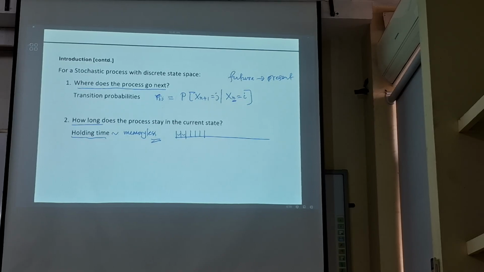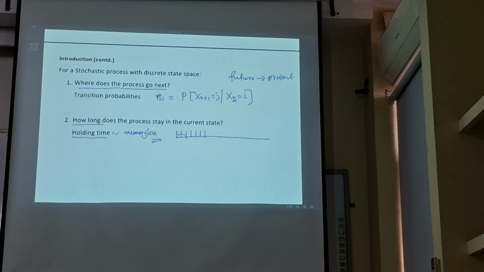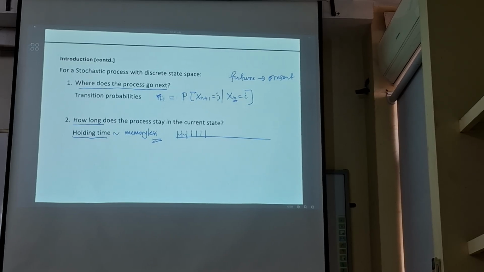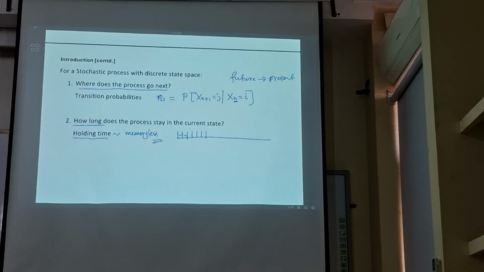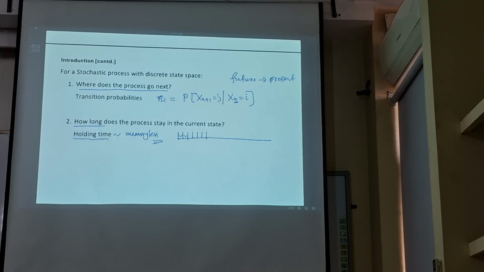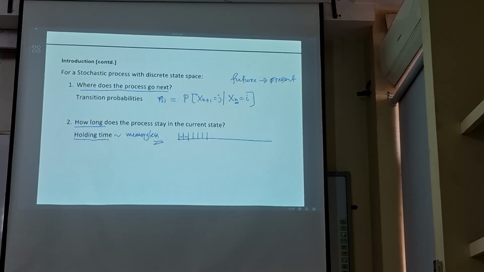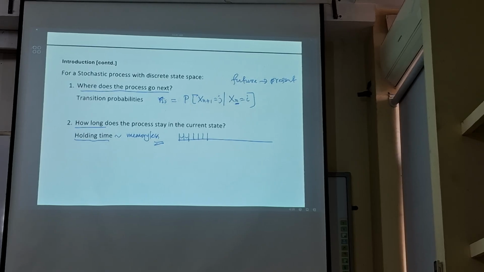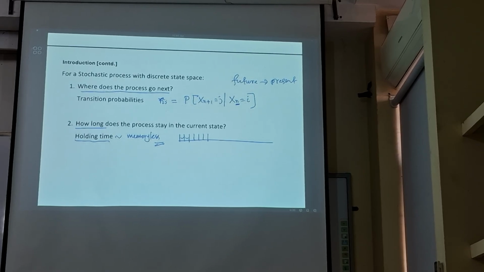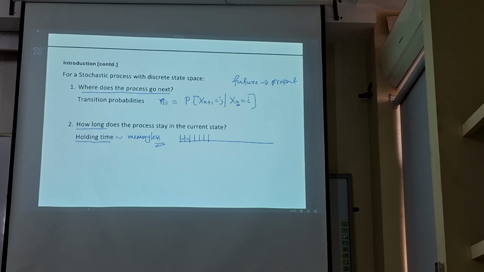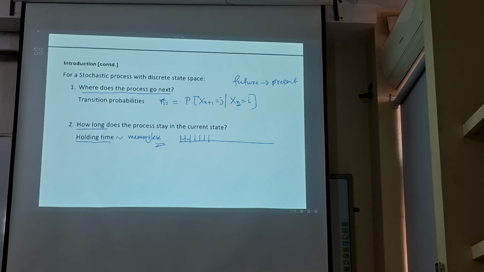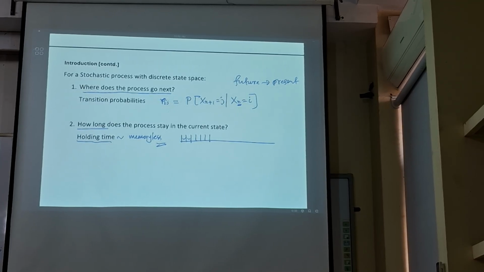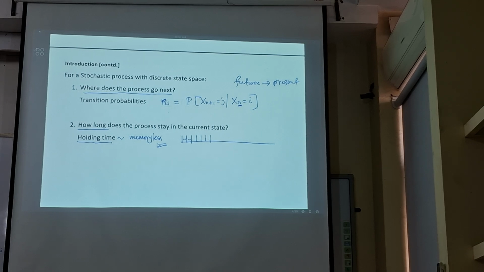That violates the Markovian condition. The Markovian condition says the past cannot be considered in deciding the future of the process. That's why the DTMC is a Markov chain and satisfies the Markovian property: the holding time is memoryless.